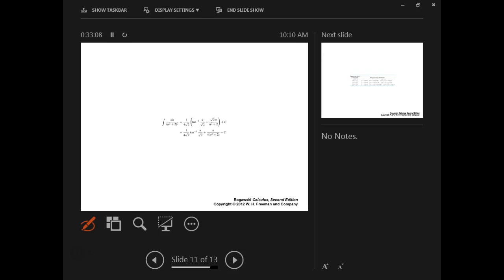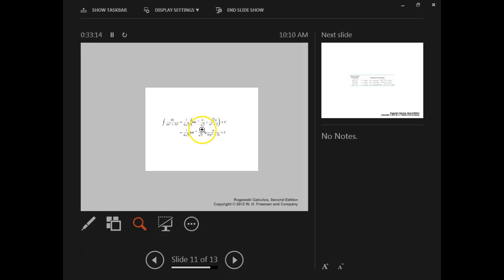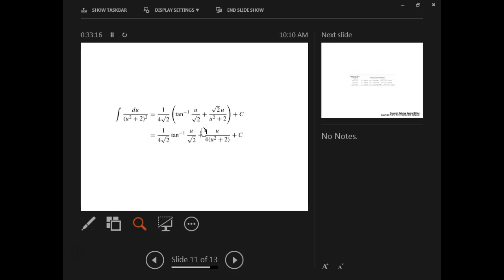They skipped a lot of steps here. And in the book, it's continuous. On the slide set, it's hard to keep it straight because it bounces back and forth. That inverse tangent of u over root 2 plus square root 2 u over u squared plus 2 plus c. Plugging in the u substitution. Okay.